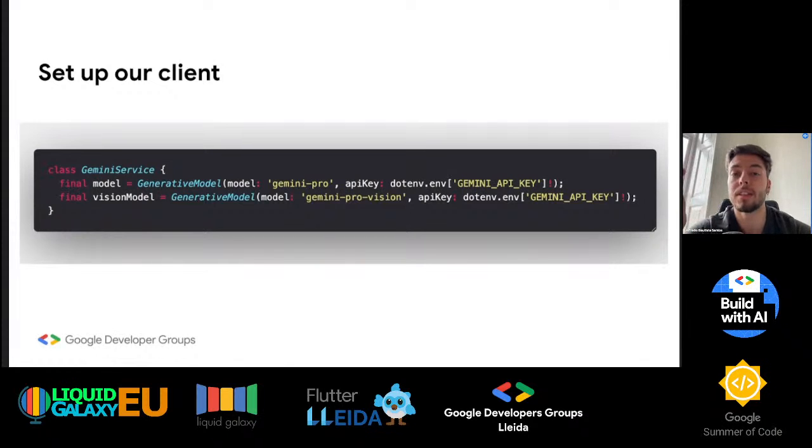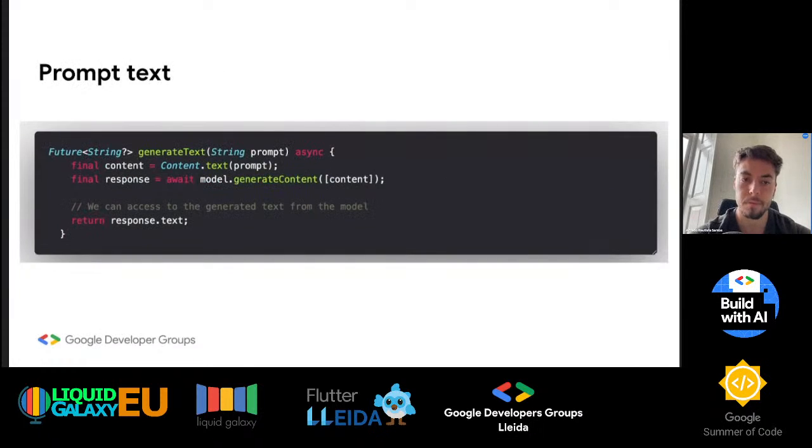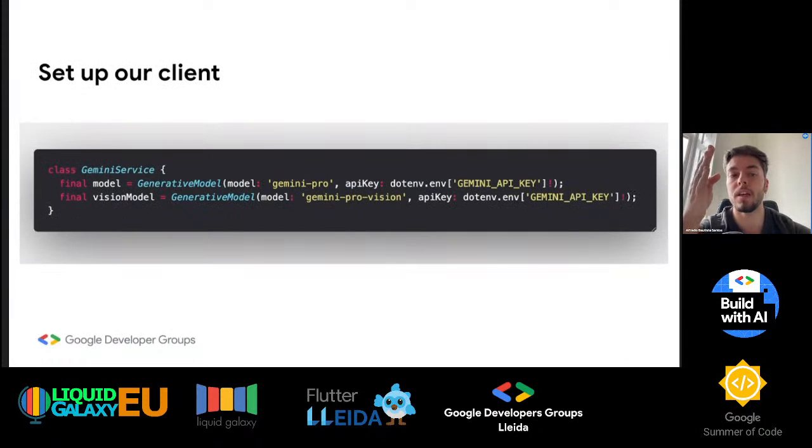With this technique, which is very easy to use, you can store your API key securely without putting it in the repository or hard coding it in the code. Okay, you can go to the dotenv package page on pub.dev and read how to use it, but it's very easy. So we initialize our client, so we can use our client.